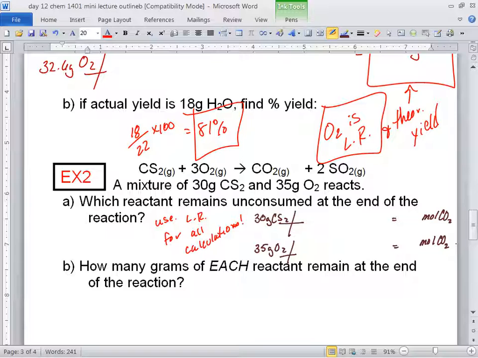You can stop right here, Paul, if you want, because you're just going to pick your smallest answer anyway, right? So you just stop right here, get moles of CO2 and compare the moles.